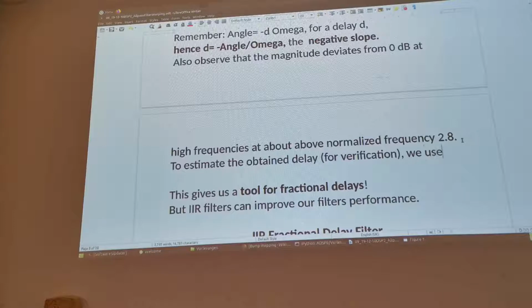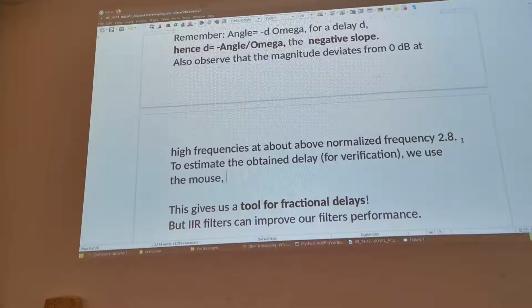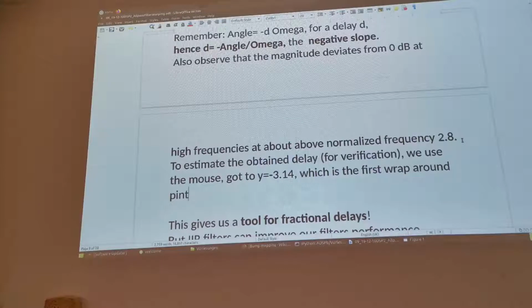We use the mouse, go to y equals minus 3.14, which is the first wrap around point, and read out position x equals 0.32.